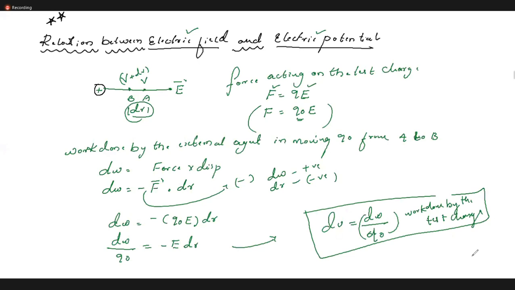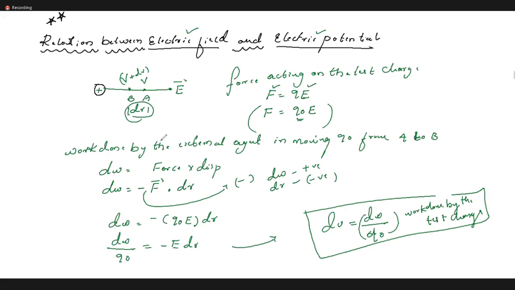Ma'am, how did you get the minus sign in dW? Where? Because always the work done. So see here, at a point A to B, that's what I told you. The work done by the external agent in moving the q naught from A to B. But the electric field is in this direction, and I'm moving the charged particle from A to B, which means I'm moving against the field, in the opposite direction.